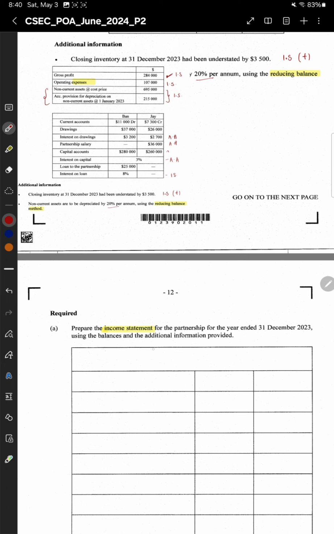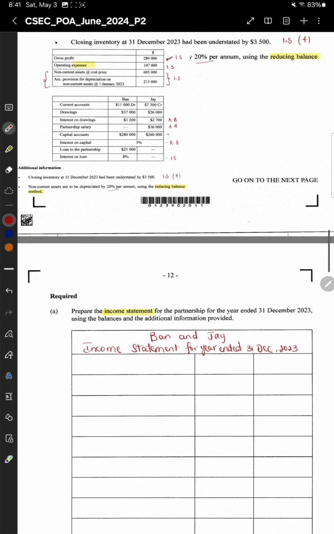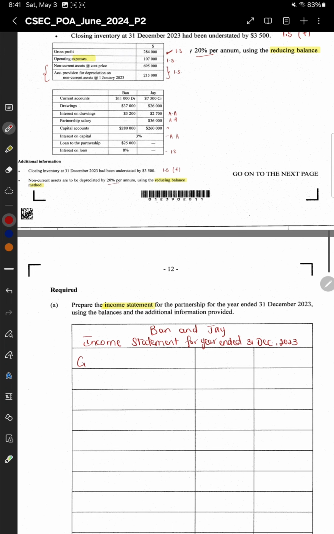At the very beginning here, we have to put Ban and J as our business name, I guess, because they didn't give us a name. And this is income statement, or you can put profit and loss section. Income statement for year ended 1st December 2023.